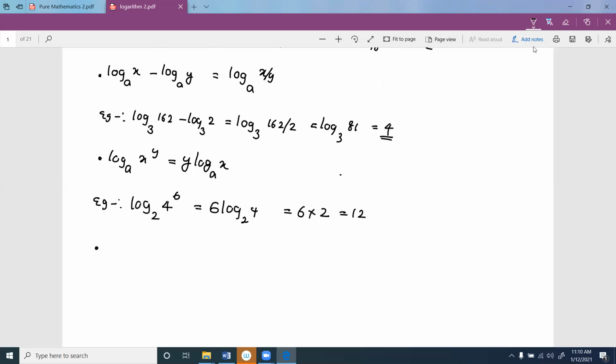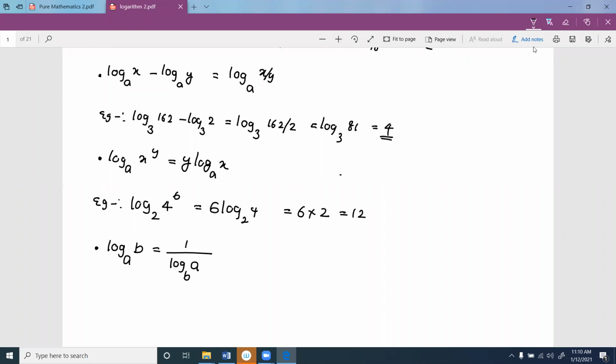The fourth rule is, if you get log a b, you can write this as 1 over, the reciprocal of, logarithm b a. Let's see in what kind of situations you need this rule.